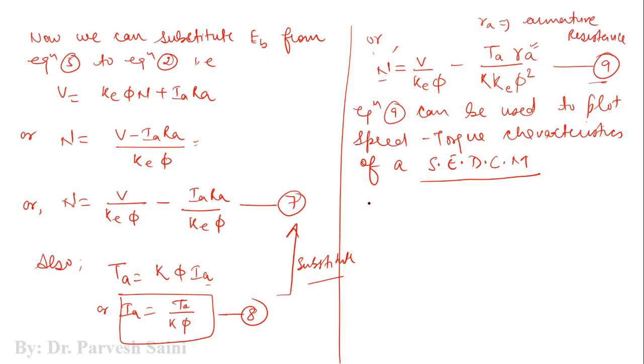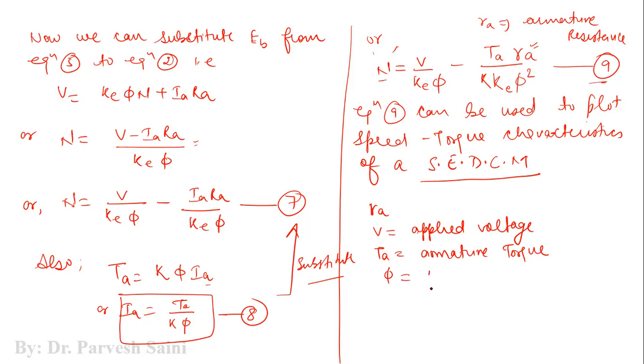right? So Ra is the armature resistance, V is the applied voltage, and Ta is the armature torque, or simply torque, right?